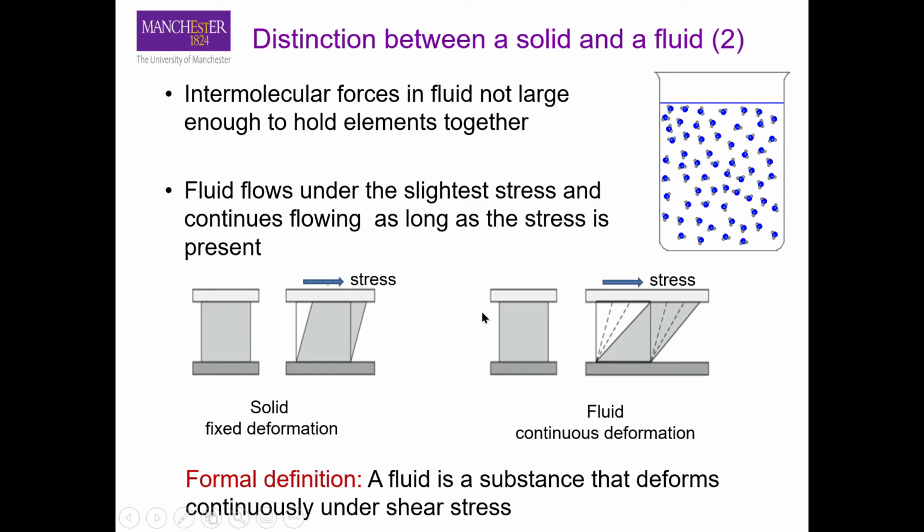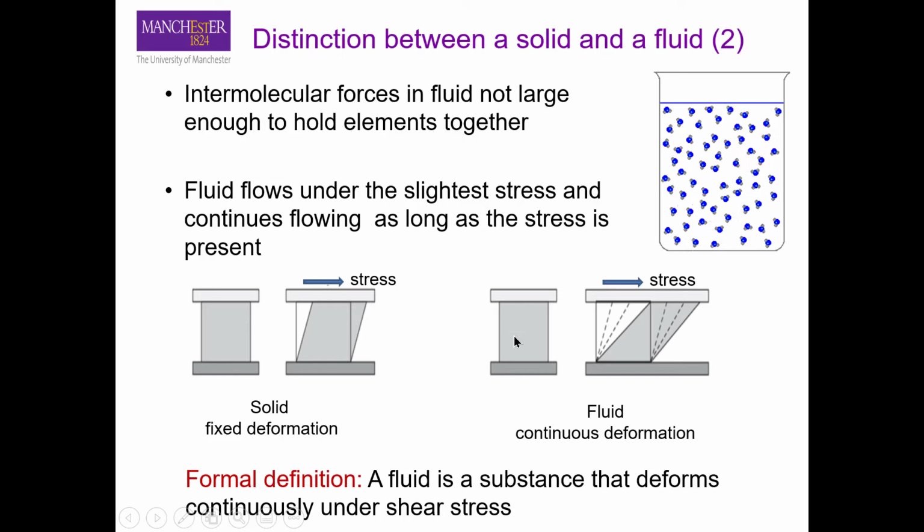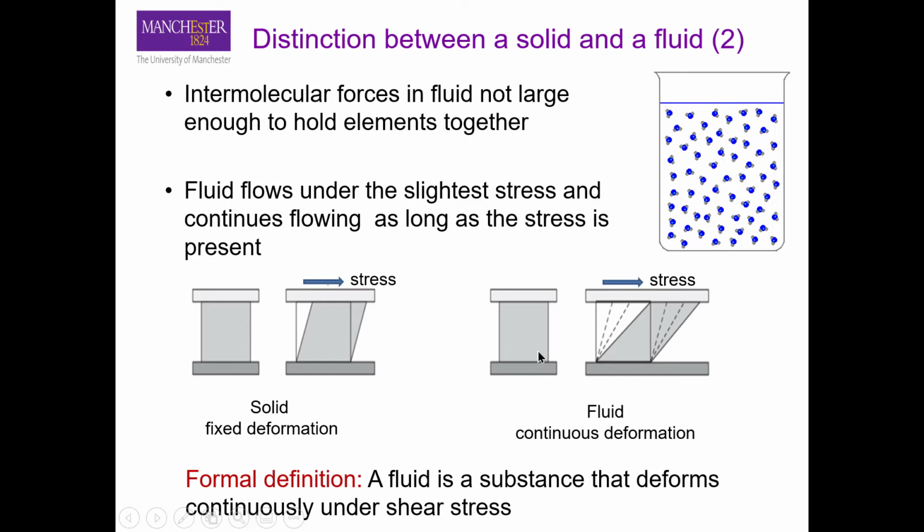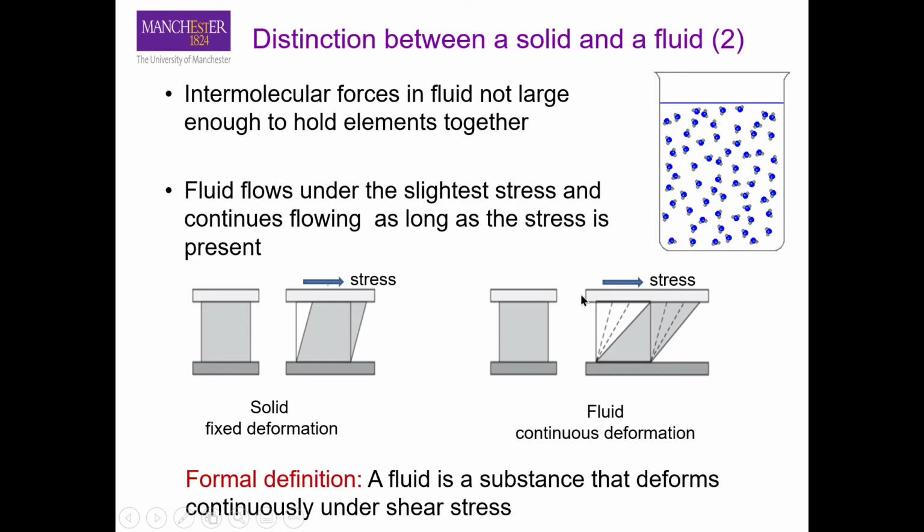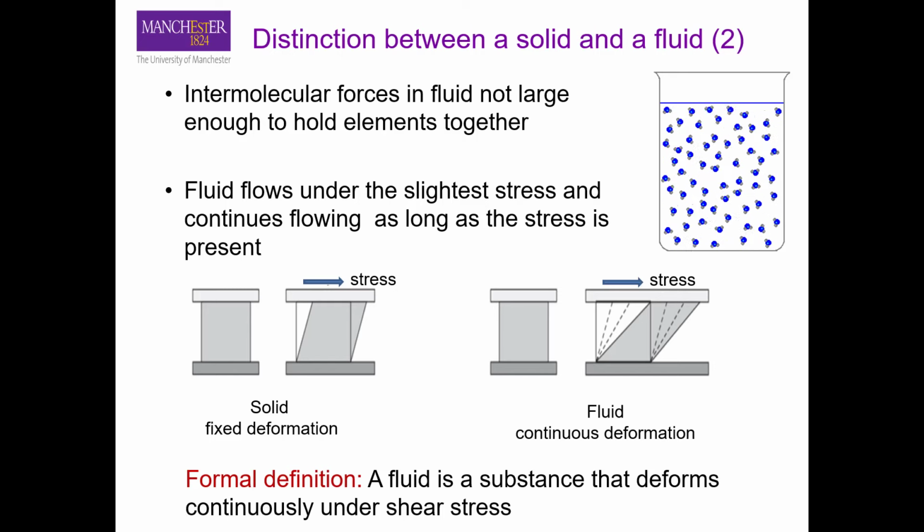In contrast, in the case of a liquid, again imagine two plates with a block of fluid in between. You can imagine this as a plate of wood on a pond. If you apply a tangential force on the wood or upper plate, the fluid element will deform and continue to deform under the application of stress, and even after you remove the stress.